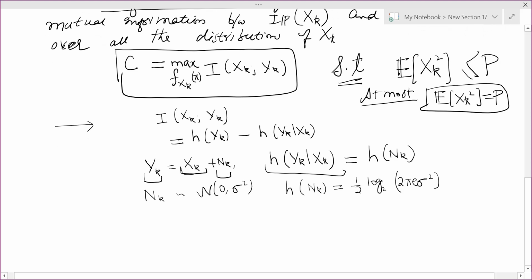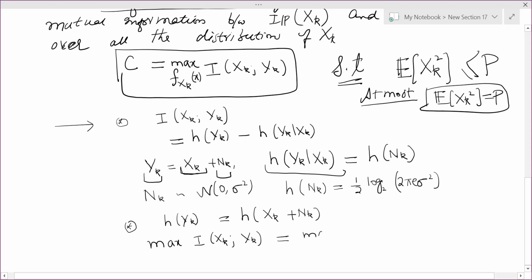Now we are left with another quantity. So this is step number 1, step number 2, we are left with h of yk. H of yk is h of xk plus nk, correct? Now you want to maximize the mutual information to find the channel capacity, the maximum rate.